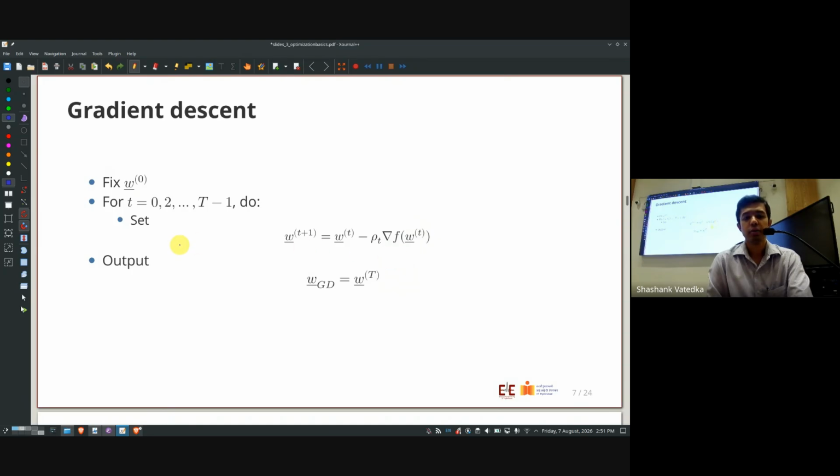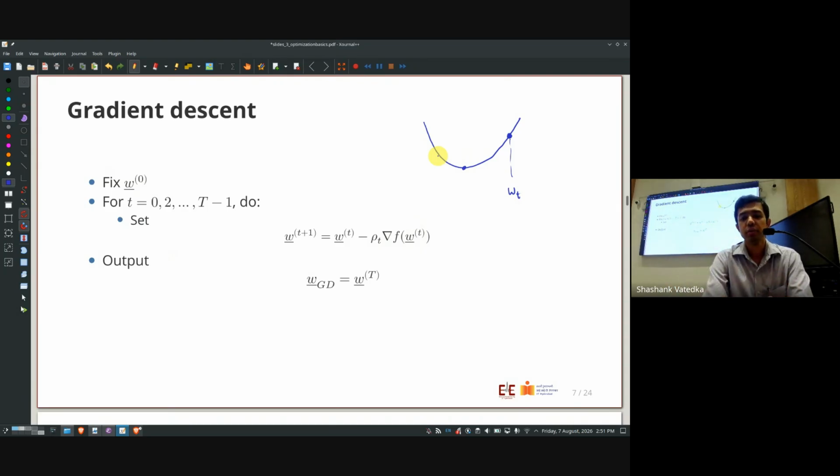The reason why you take the negative of the gradient is, suppose you have a function that at least locally looks like this, and you are at an arbitrary point, say Wt. The goal is to eventually reach this point of minimum.